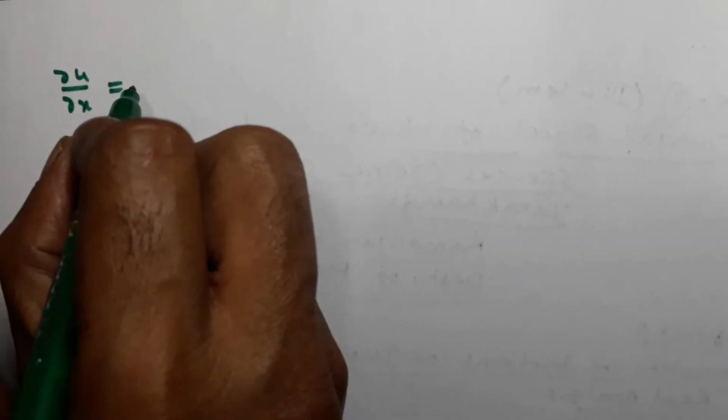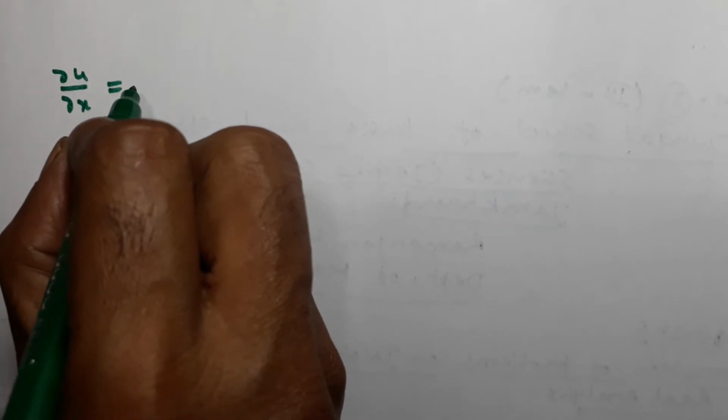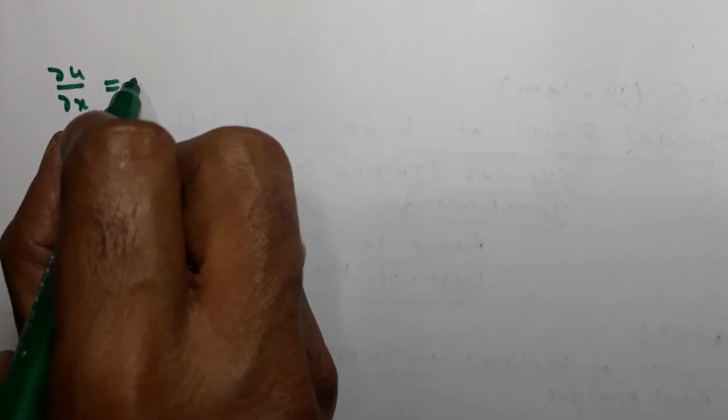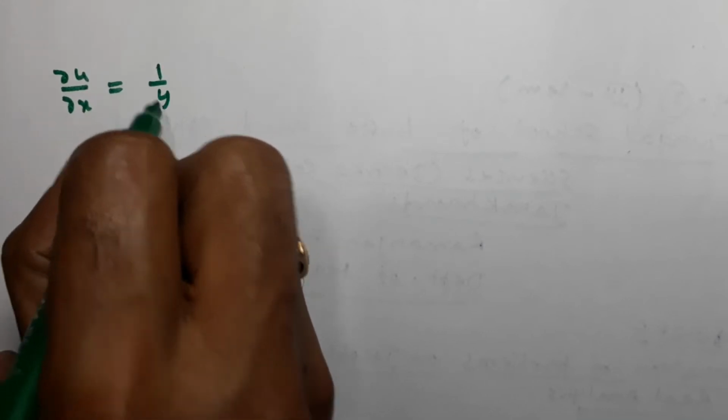Now dou u by dou x, as u is equal to x by y: since 1 by y is constant, the differentiation of x with respect to x gives 1 by y.